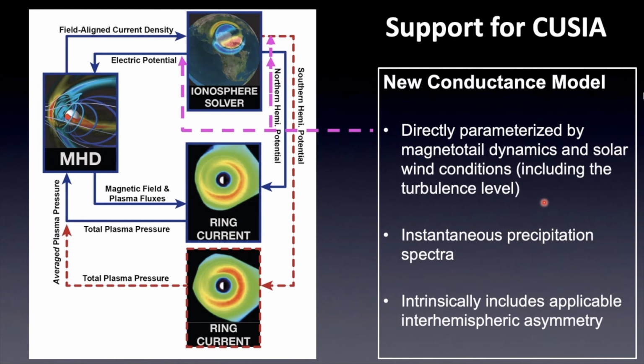At the end, I just wanted to emphasize that our model indeed has some advantage by directly being parameterized by the magnetotail dynamics and the solar wind conditions, so that it's more applicable to the global MHD models as used in the CCMC, and also that it intrinsically includes this interhemispheric asymmetry in the precipitation, so that we can more realistically simulate all the processes related to this interhemispheric asymmetry.